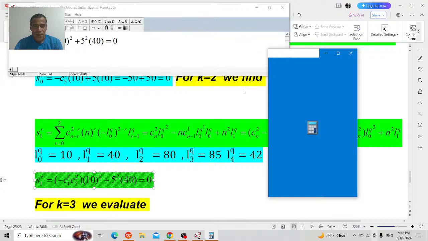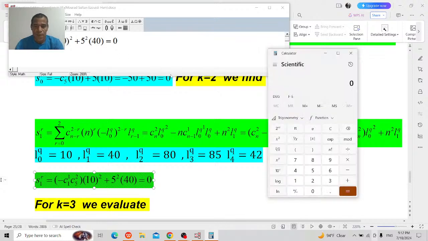Look here. We have negative combination 5 choose 2, which is negative 10, times 10 squared, plus 5 squared times 40. Negative 10 times 10 squared means negative 1000, plus 5 squared is 25, multiplied by 40, which is 1000.